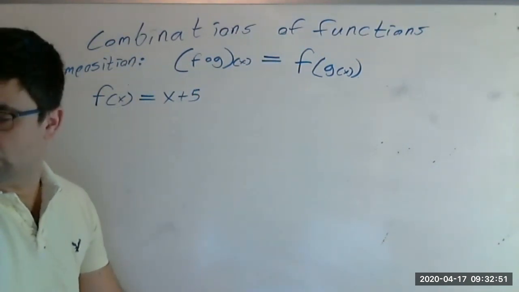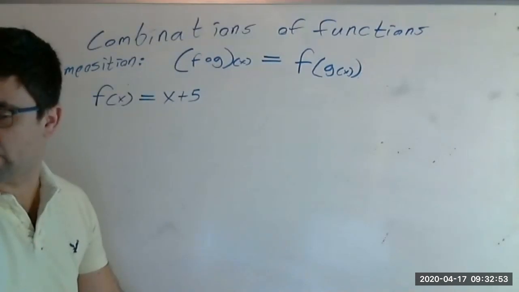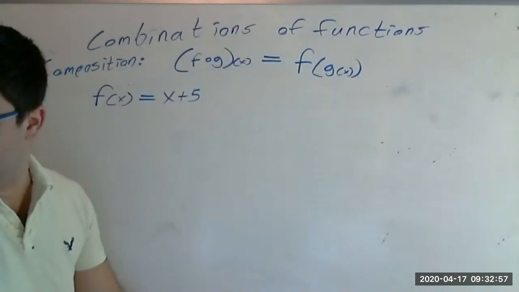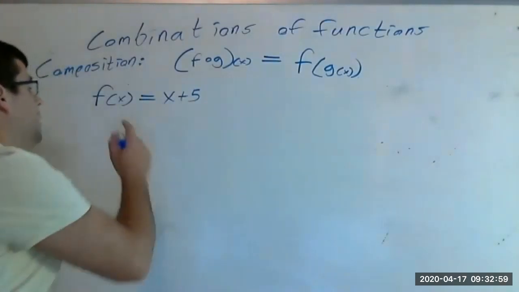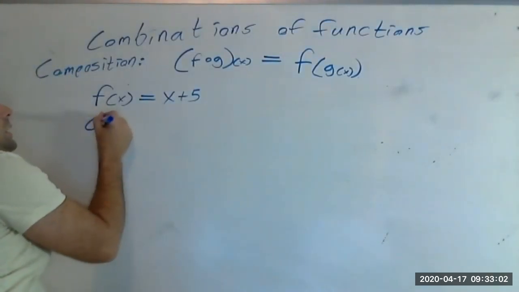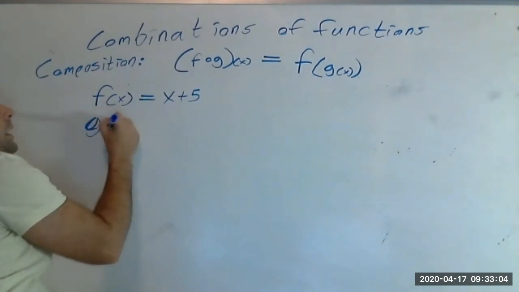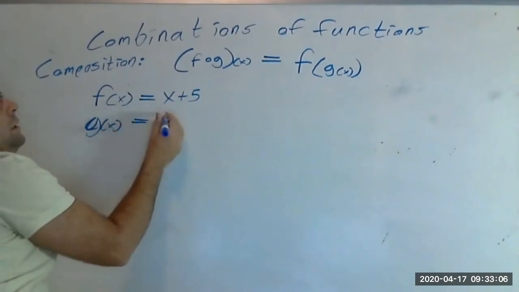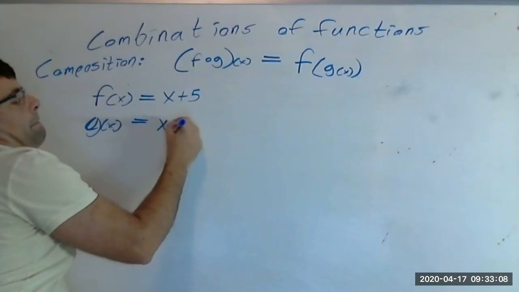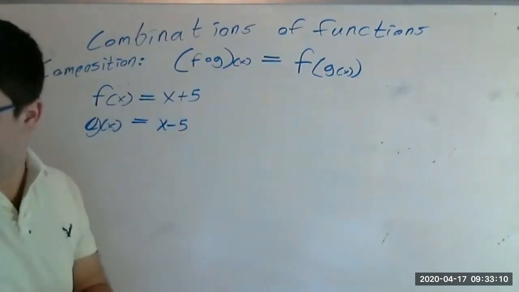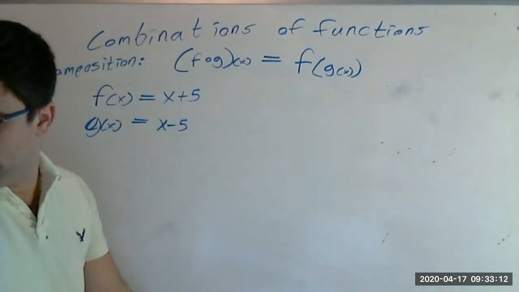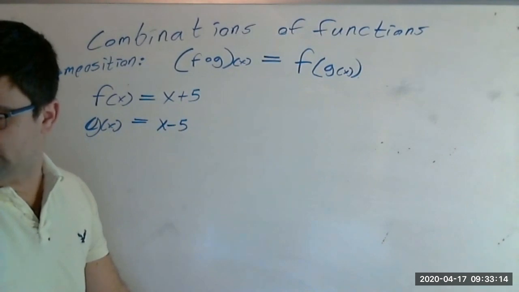So if we set up our equation to be g of x equals x minus 5, so this is our equation.